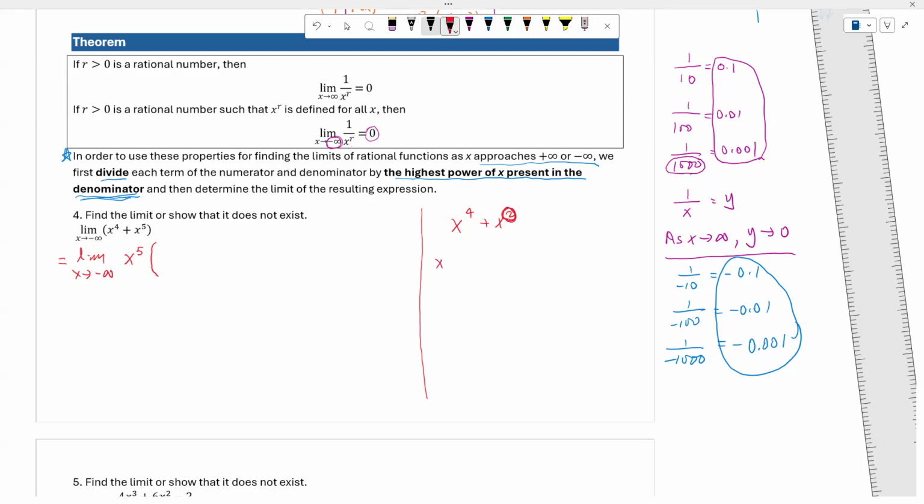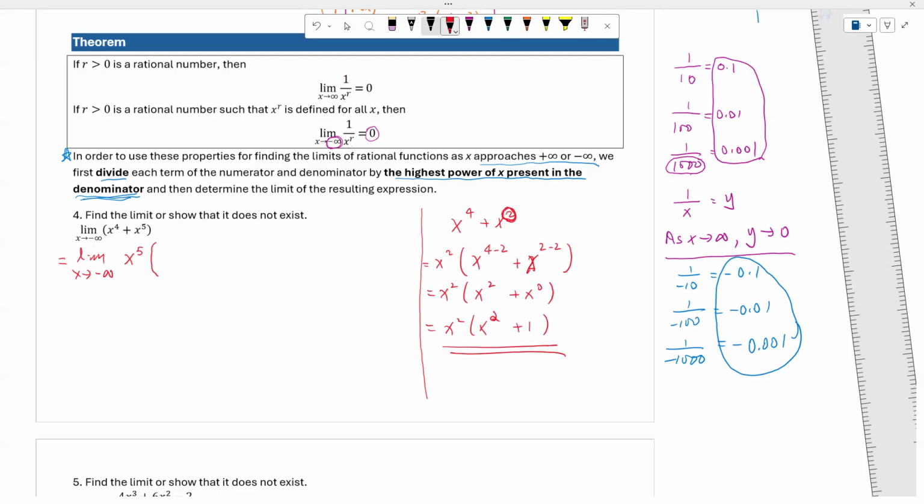Like this one, we take out the x squared. Then what happens to each term? Basically, we subtract 2 from each power. Of course, then we will have x squared plus x to the power of 0, and x to the power of 0 is 1. This is the idea about factoring.